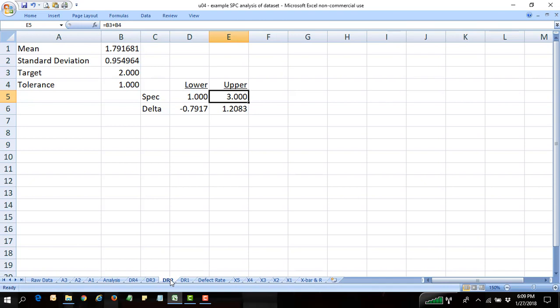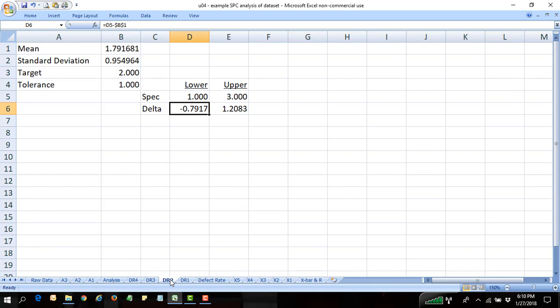So I need to know how far those boundaries are from the mean. So I'm going to calculate a delta, or a deviation, if you will. The deviation is simply the spec limit, in this case the 1 in column D, minus the 1.79 mean, which means the specification is 0.7917 to the left of my mean.